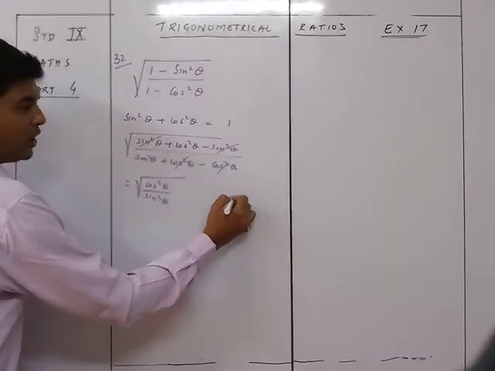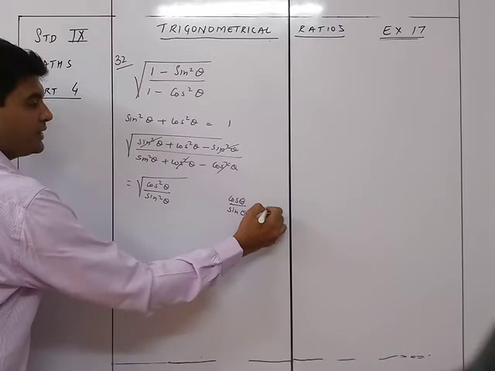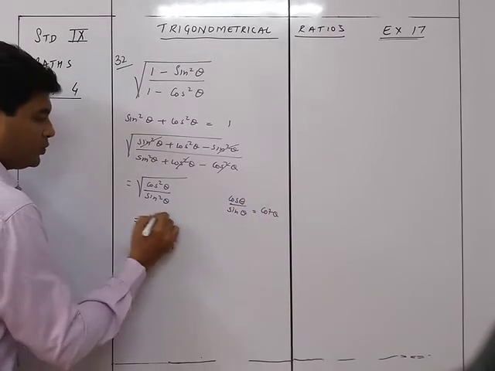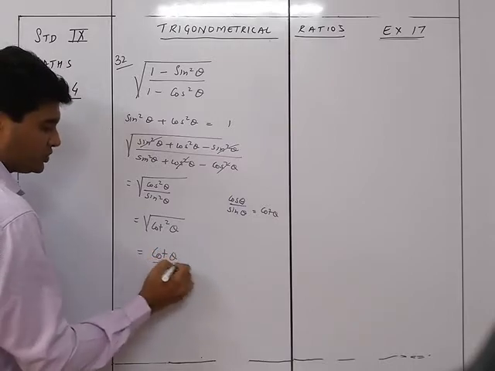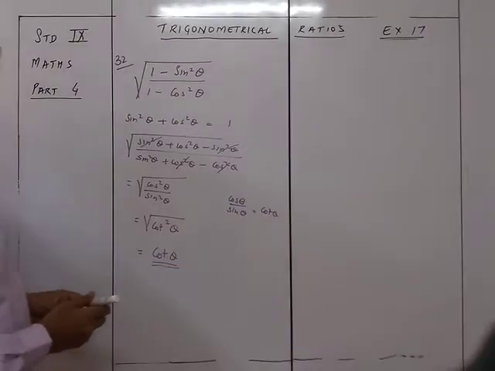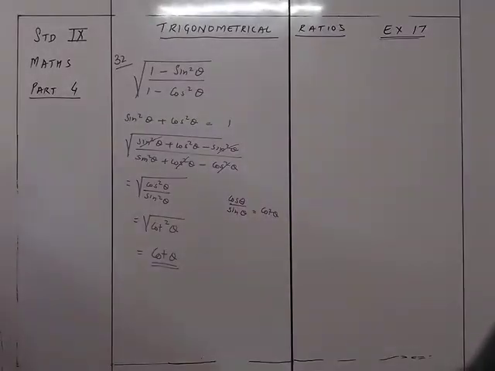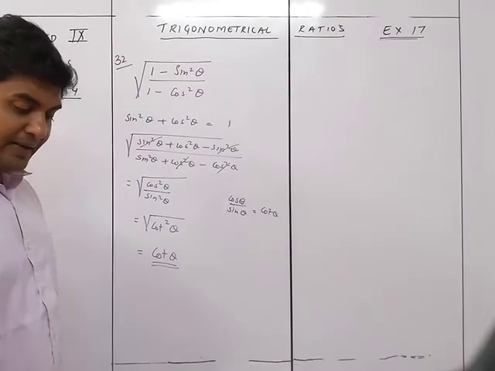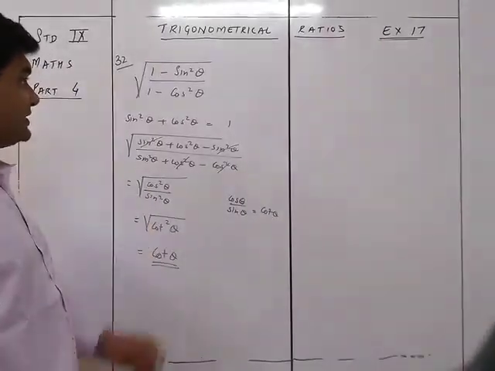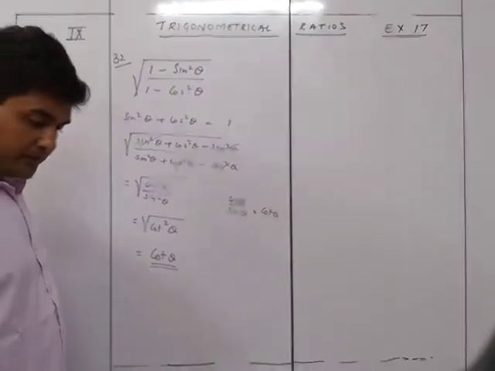But you know that cos theta upon sine theta is equal to cot theta. So that is nothing but the square root of cot square theta, which is nothing but cot theta. So that gives me the simplification as cot theta. Very, very important sum. In fact, these are the kind of sums you should be having in the 10th standard as such.